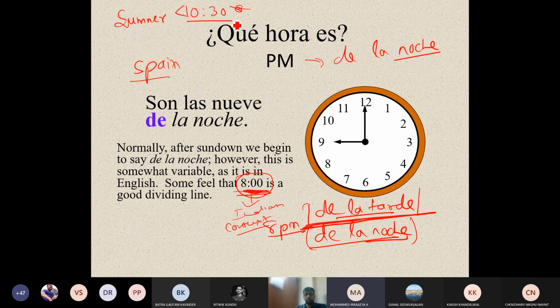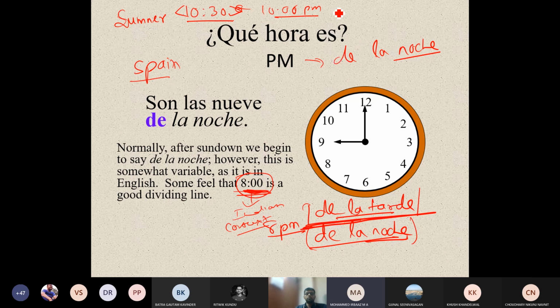Sunset sometimes happens at around 10:30, and 10 p.m. is a very normal sunset time. So you can still see the sun at 10 p.m. You will be able to see sunlight by 10:15, 10:30 also.